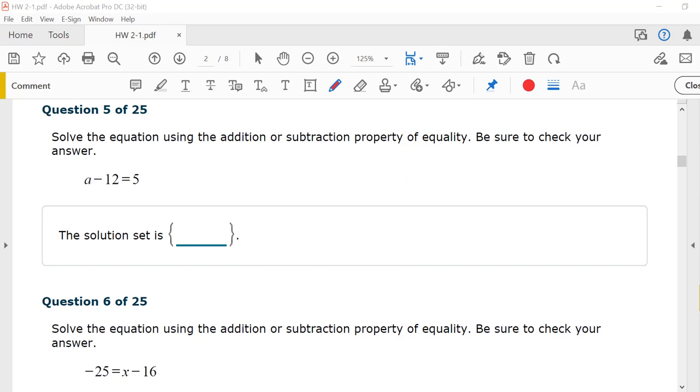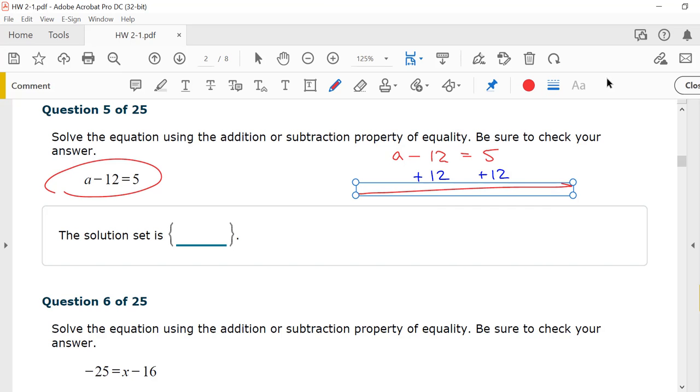Number 5 says to solve the equation using the addition or subtraction property of equality. Be sure to check your answer. Okay, my equation is A minus 12 equals 5. In order to get the A by itself over here on the left, right now I'm doing A minus 12. I need to add 12 to both sides.